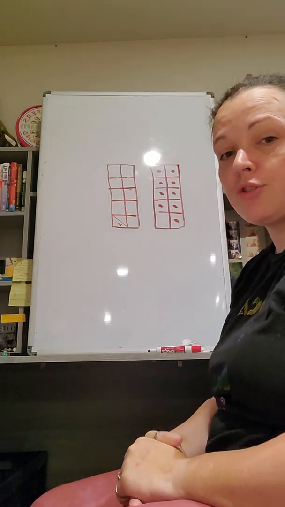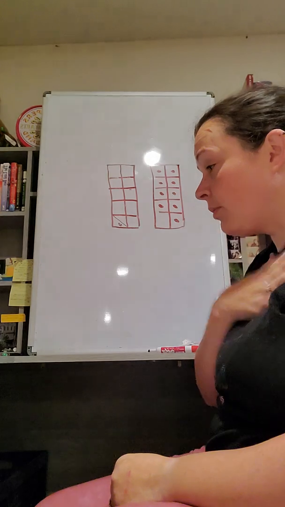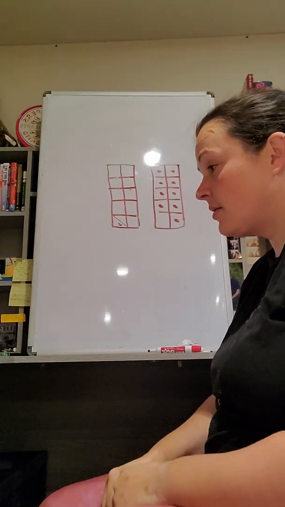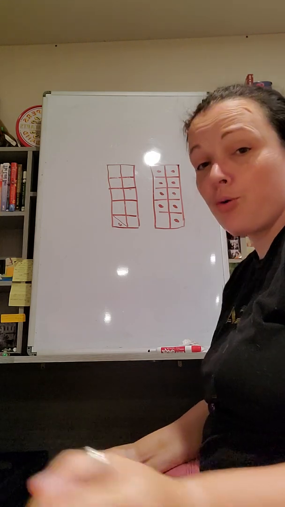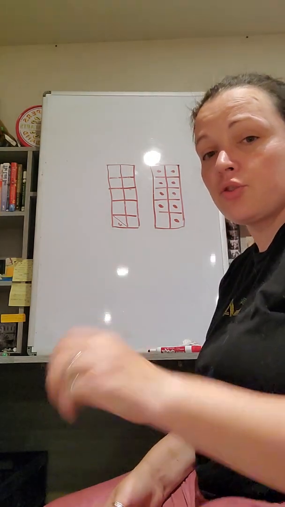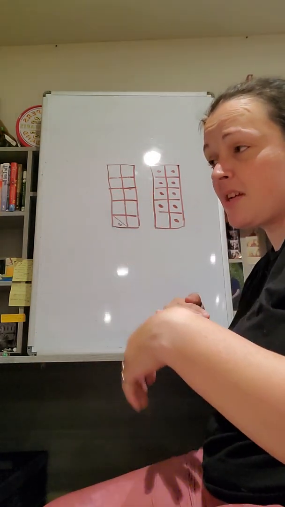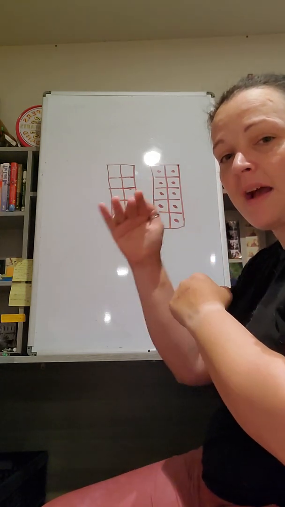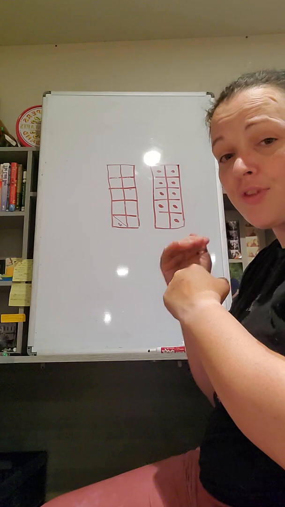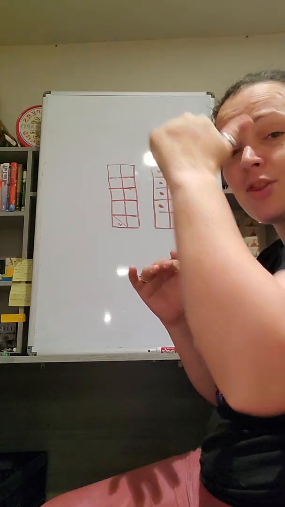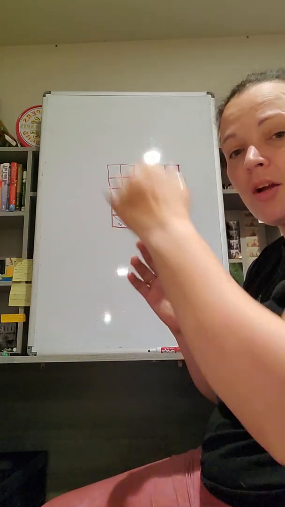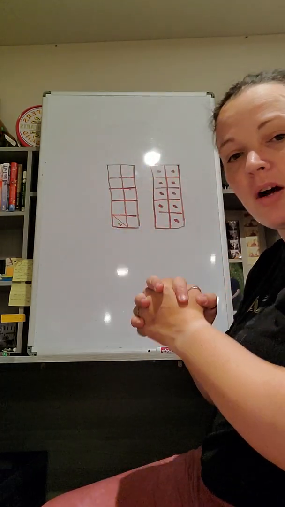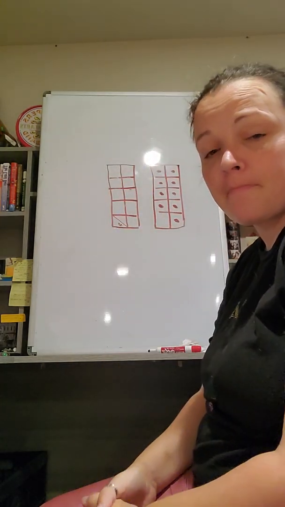I want you to do the 10 squares and show yourself with the first 10 square, put all the dots in it, and the second 10 square, put however many dots we need to for the number, and then put a third 10 square crossing out those numbers so that you know which ones come off for decomposing.